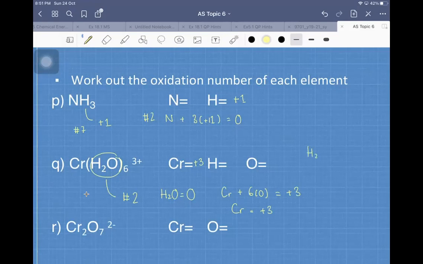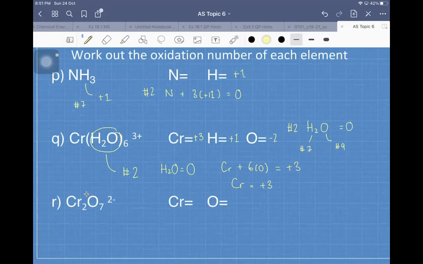Again, following rule number 2, H2O should be equal to 0, and hydrogen will be +1, oxygen will be -2. Okay, so there's no competition there because hydrogen follows rule number 7, which is always +1. Oxygen follows rule number 9, which is -2.